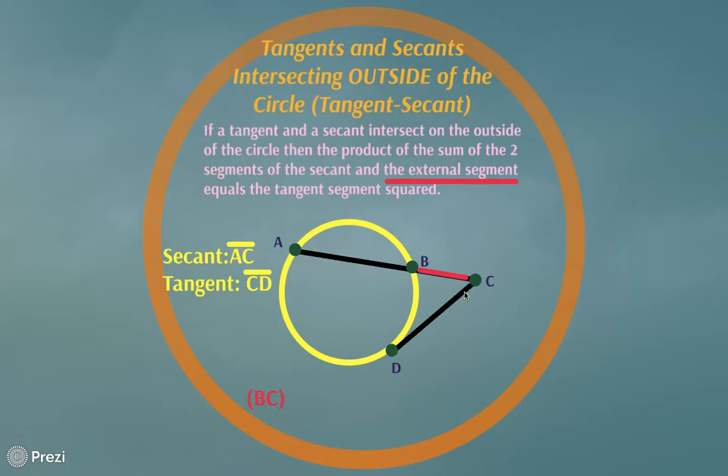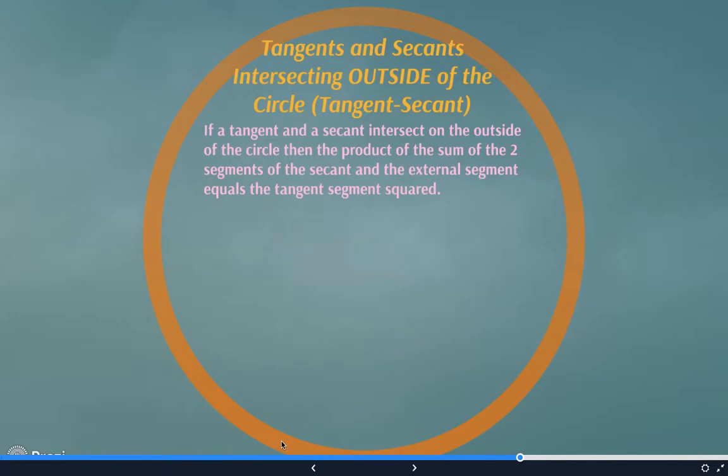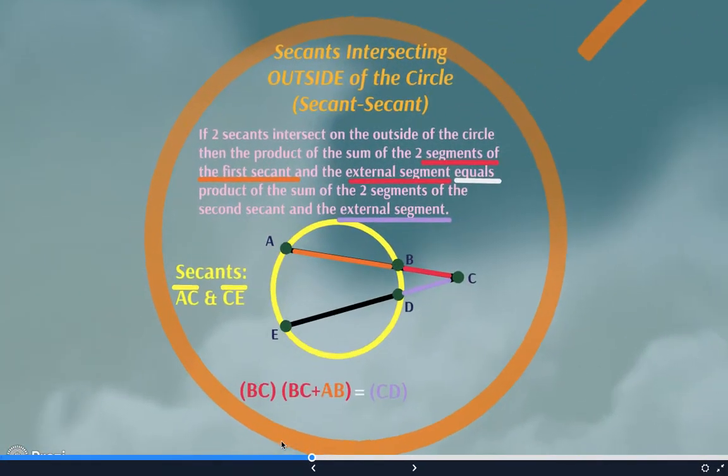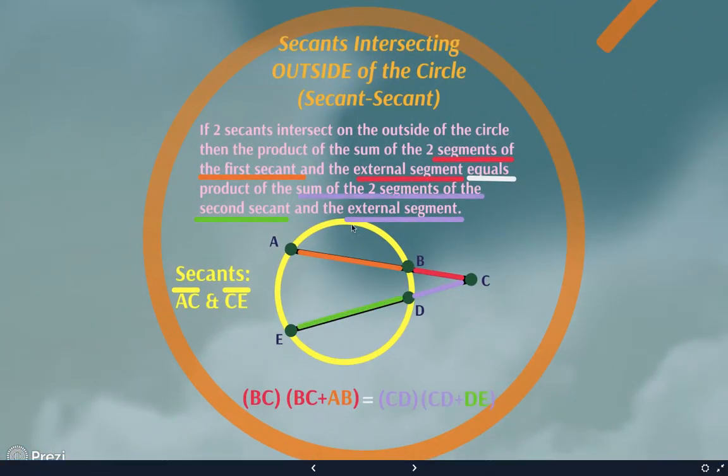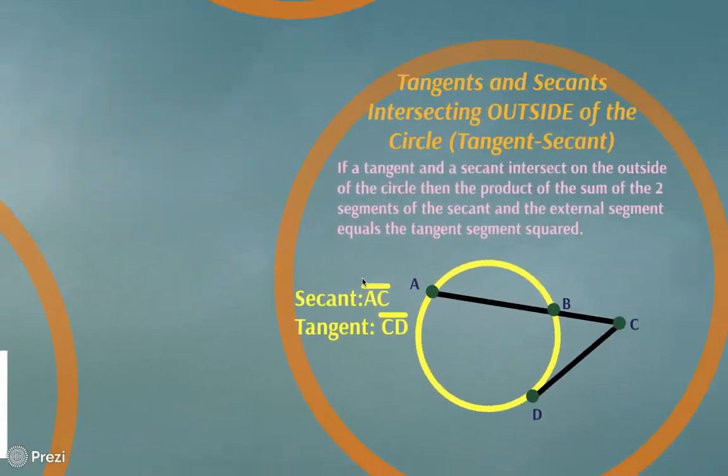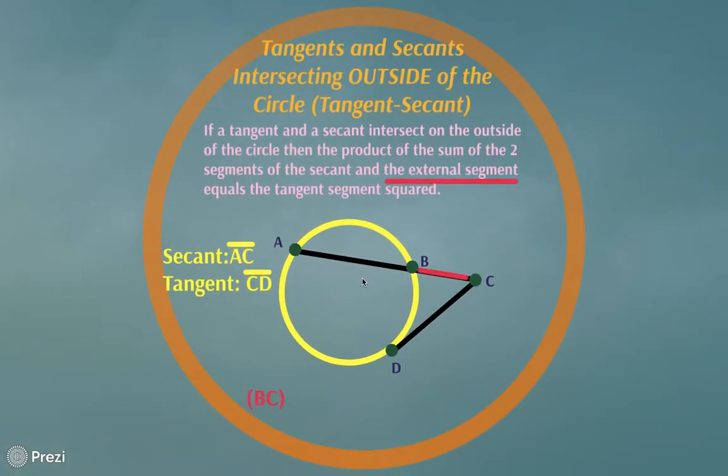This rule looks very similar to the secant rule: we did the outer segment times the outer plus the inner segment. This follows the same protocol, so we have the outer segment times the outer plus inner segment on the secant segment. Now that will equal the tangent segment squared.